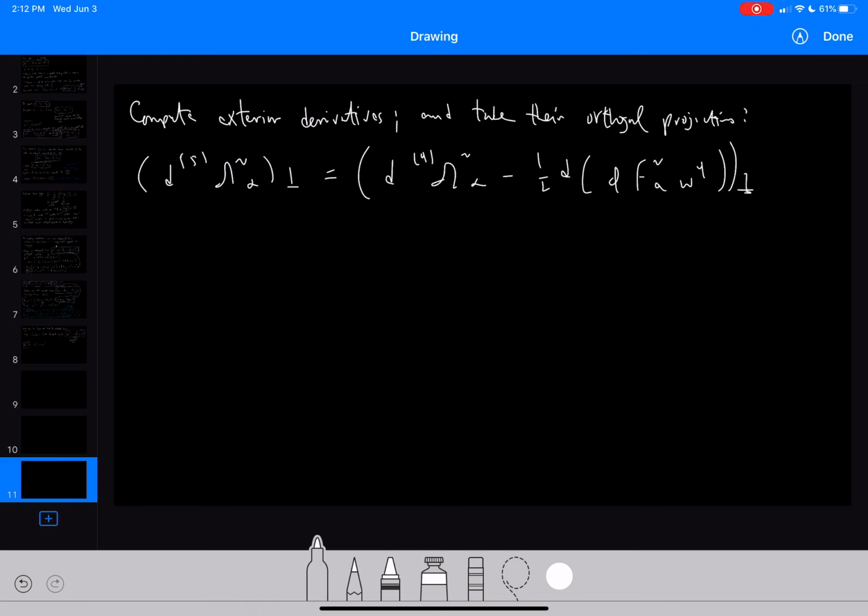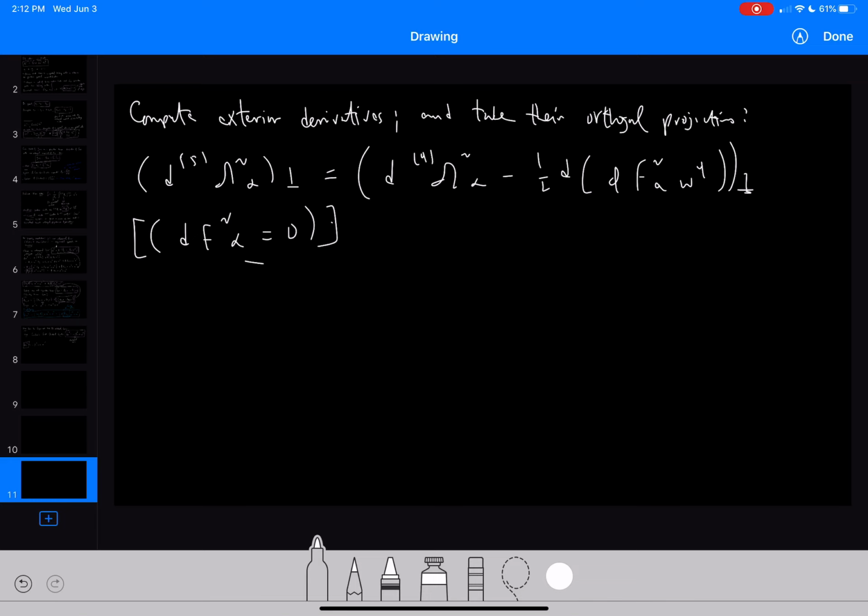This is straightforward, because recall that the exterior derivative of the Faraday tensor is by definition 0. If you have done some work with exterior derivatives or differential forms in electromagnetism, this is one of the first properties you uncover, that the exterior derivative of the Faraday tensor is itself 0.